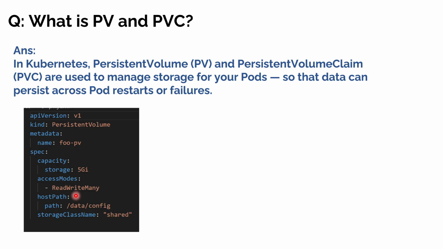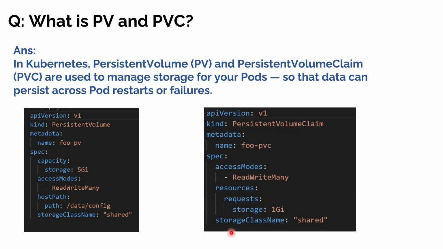So I've asked my worker node to set aside 5 GB. Now I will come and ask for 1 GB from that 5 GB, right? So a Persistent Volume Claim is where I'm claiming 1 GB from that 5 GB with shared mode. So this is the beauty of it, and the moment you create a PVC, it will become bound, right?